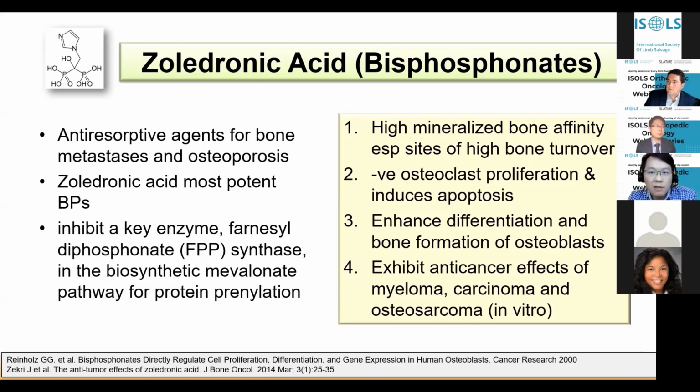They have a high affinity to the mineralized bone, especially at the site of high bone turnover, and also inhibit osteoclast proliferation, induce apoptosis, and enhance the differentiation to mature osteoblasts. And in individual studies, they have an anti-cancer effect in all other kinds of carcinomas.